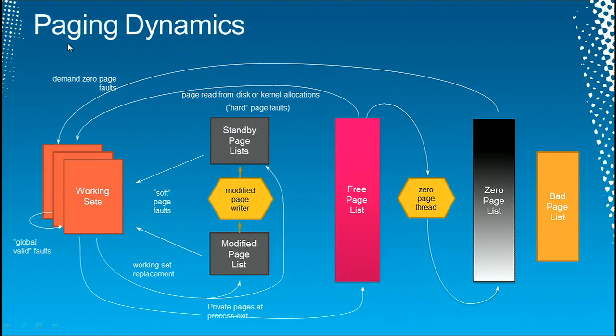But then, at some later point, Notepad goes and tries to execute that code again. Soft fault. System says, hey, I've got that page in the standby list. I can just put it back in the working set. So just highlighting the fact that that's a cache. And same thing with a modified page. A page can come right from the modified list without ever getting written to disk and go back in a working set.